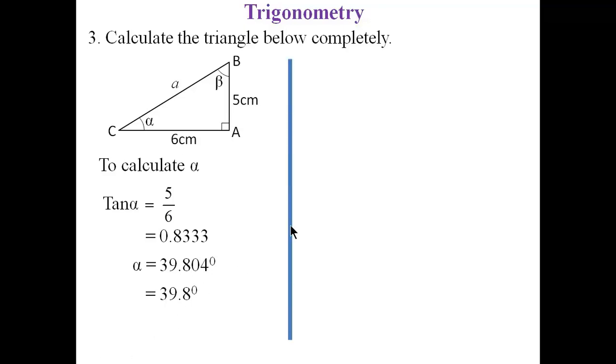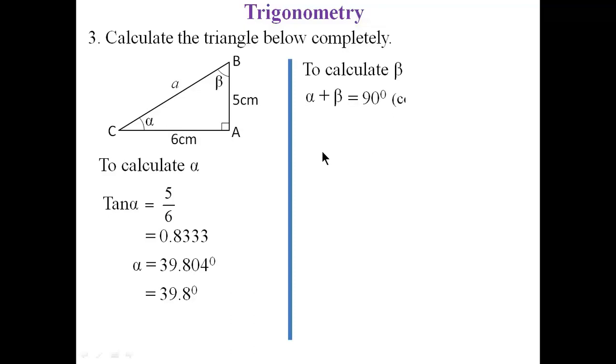Now, to calculate angle beta, what we just need to do is alpha plus beta is equal to 90 degrees. Since this angle is a right angle, the two other angles are complementary, and complementary angles are angles whose sum gives 90 degrees.